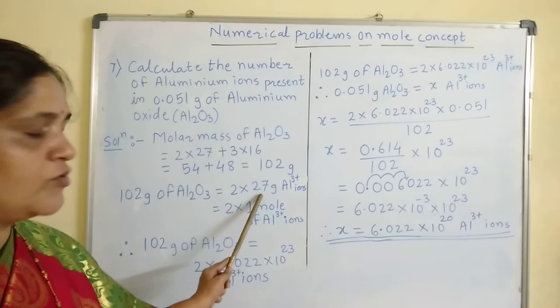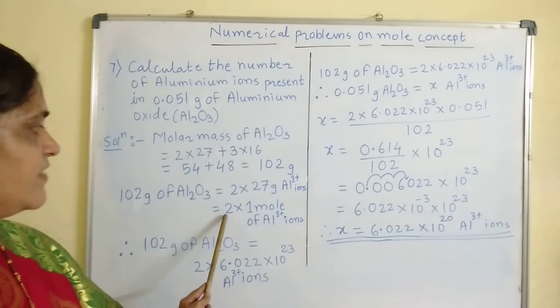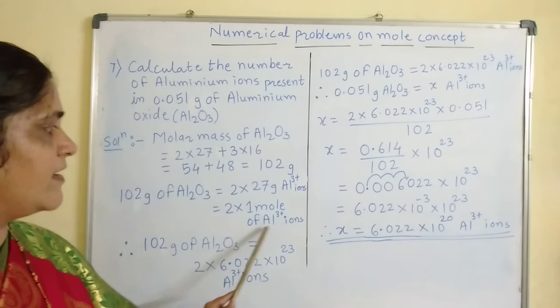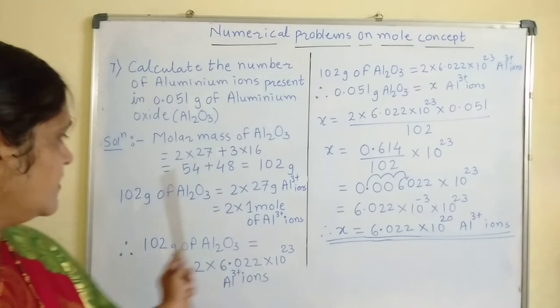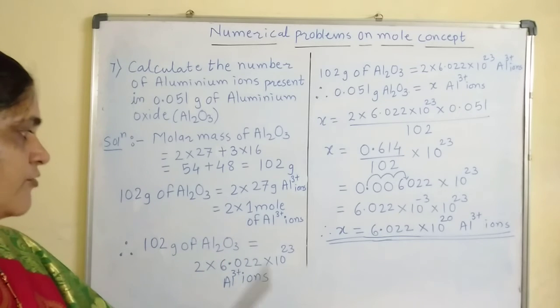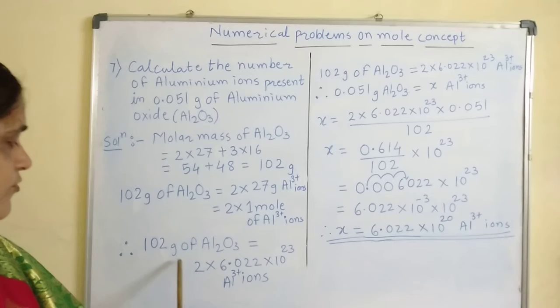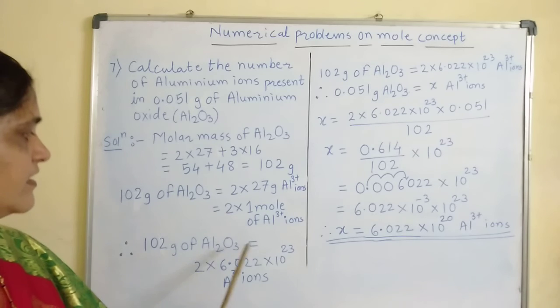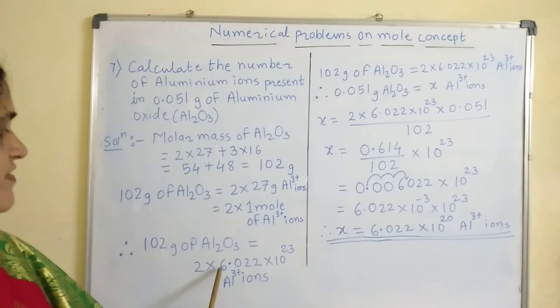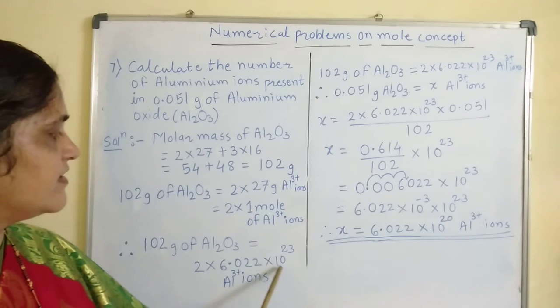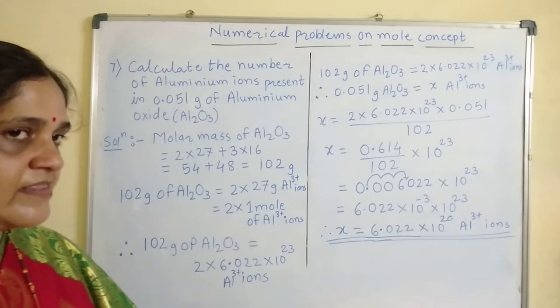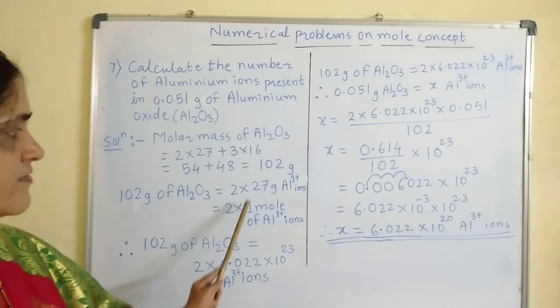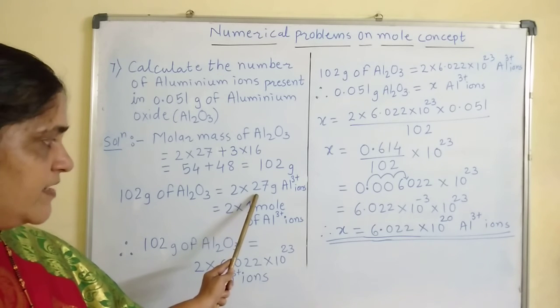27 gram is the molar mass of aluminum. Therefore, we can say 2 into 1 mole of aluminum ions are present in 102 gram of Al2O3. 102 gram of Al2O3 contains 2 into 6.022 into 10 raised to 23 ions of Al3 plus, because 27 gram is the molar mass of the aluminum ion.